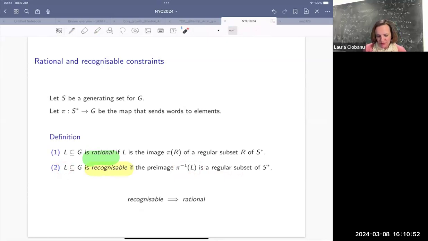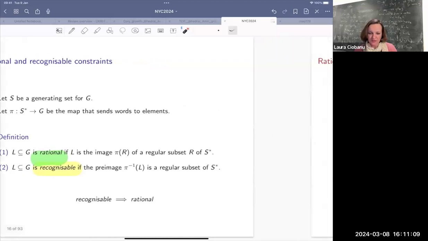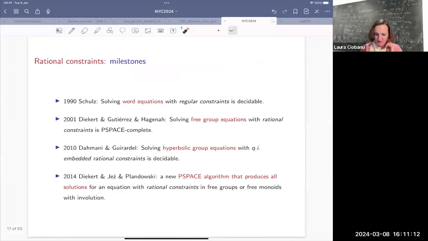So in particular, it takes a minute to check that if you are recognizable, you are rational. All right, so I'm not going to say a whole lot about this, so don't worry if you're not familiar with these concepts. Just every now and then, in a fairly limited way, I'll mention them.